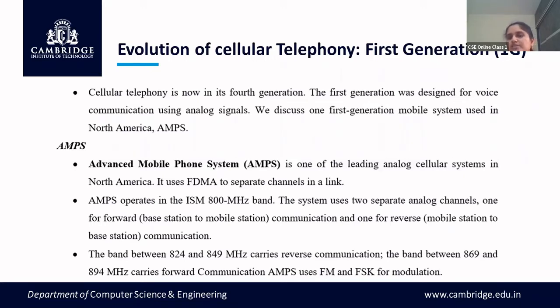The first phone communication was established in North America using AMPS technology, that is Advanced Mobile Phone Systems, which used FDMA, frequency division multiple access, to separate channels, and it communicated in the 800 megahertz band.